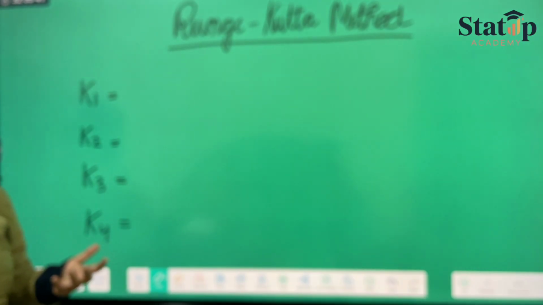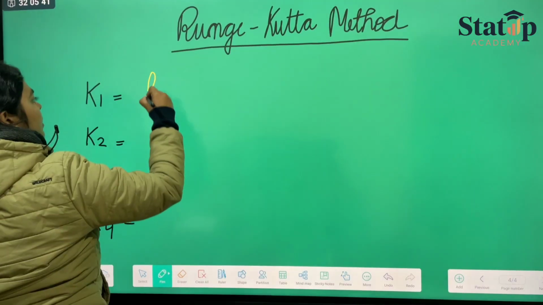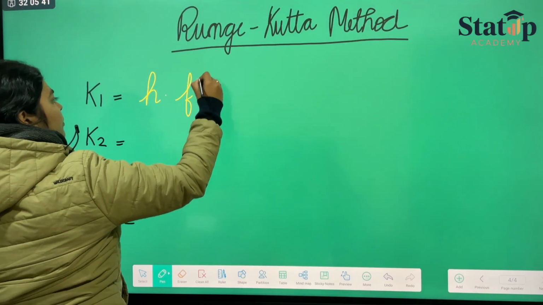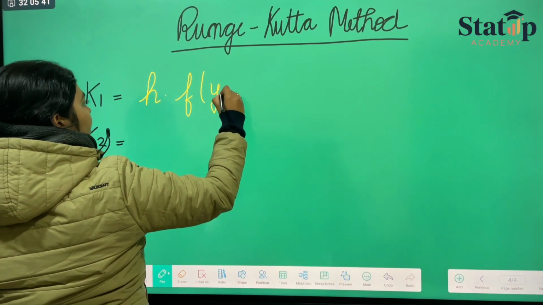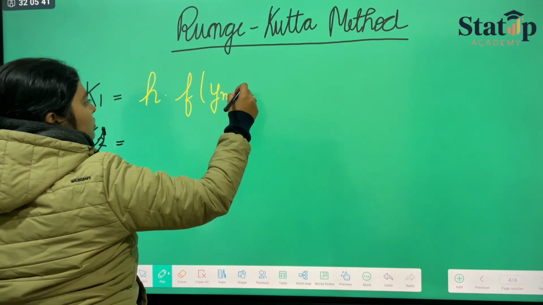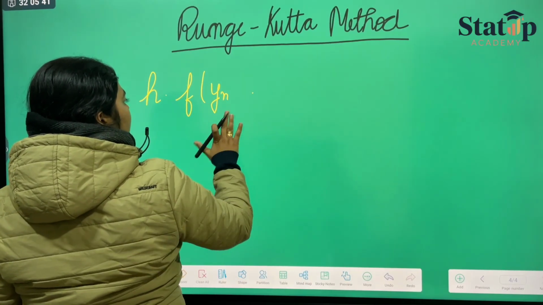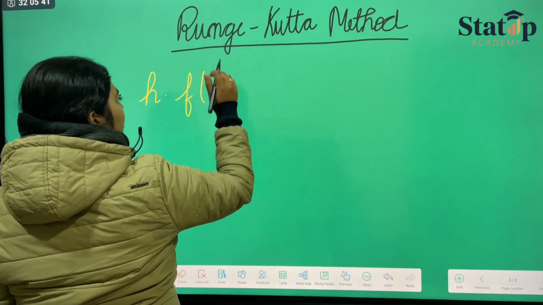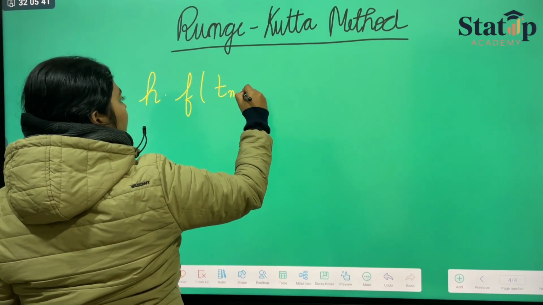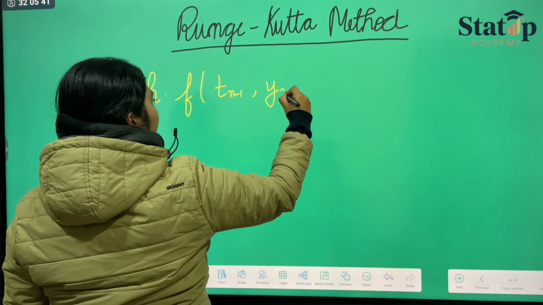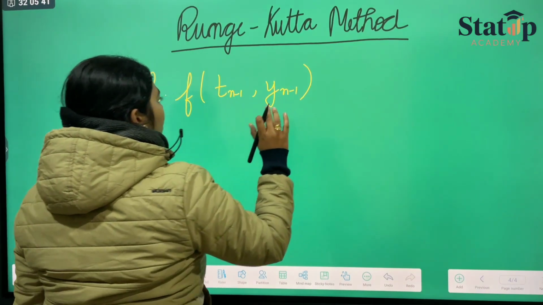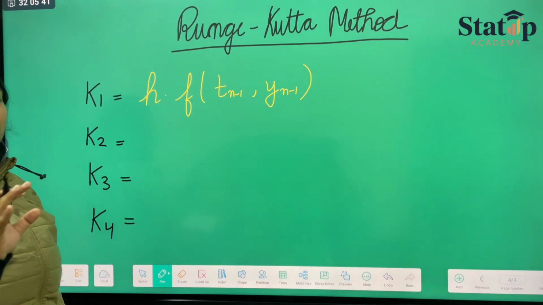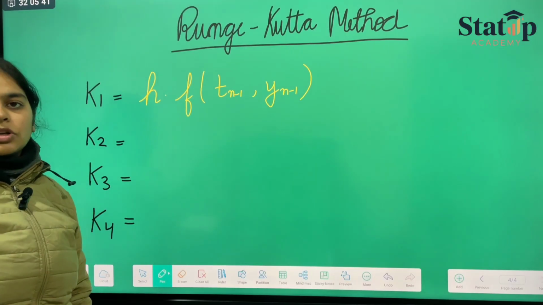K1 is equal to h into f of t n minus 1 comma y n minus 1. T is nothing but x. When we put it in the function, it is denoted by t.